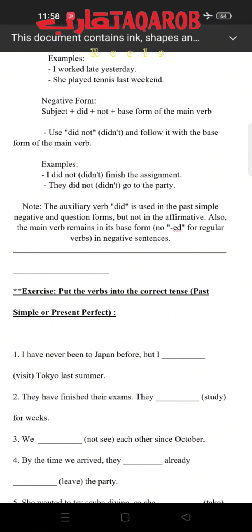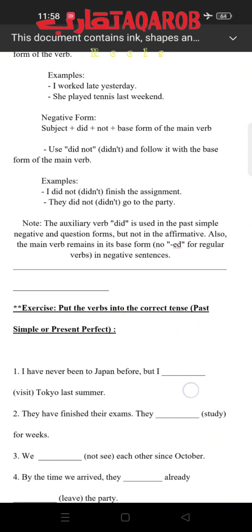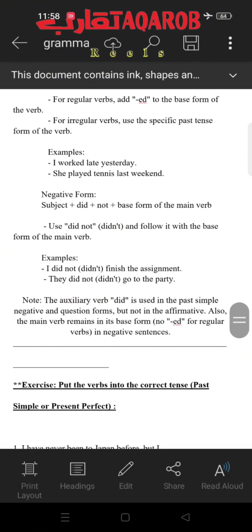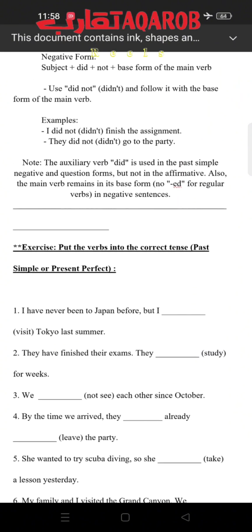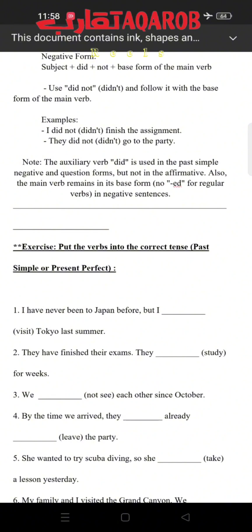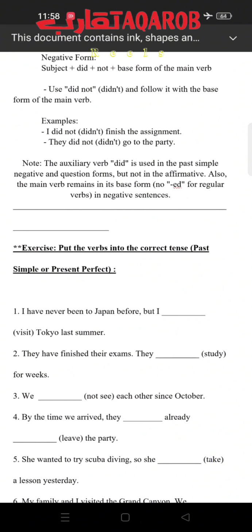Examples: I worked late yesterday. She played tennis last weekend. The negative form: the subject, did plus not, then the base form of the main verb. So we place not after did.